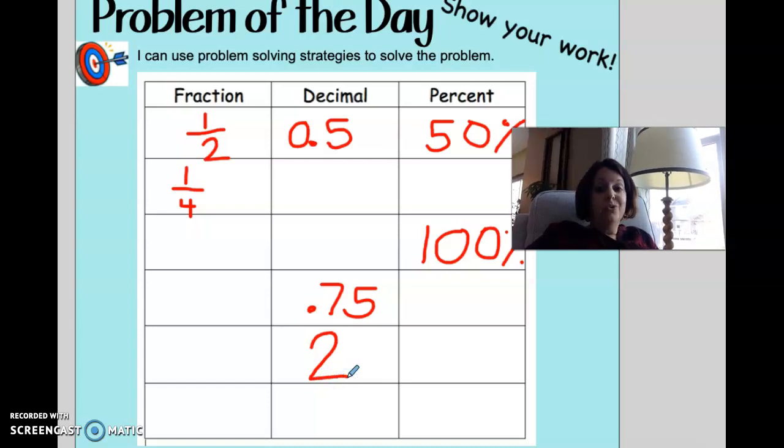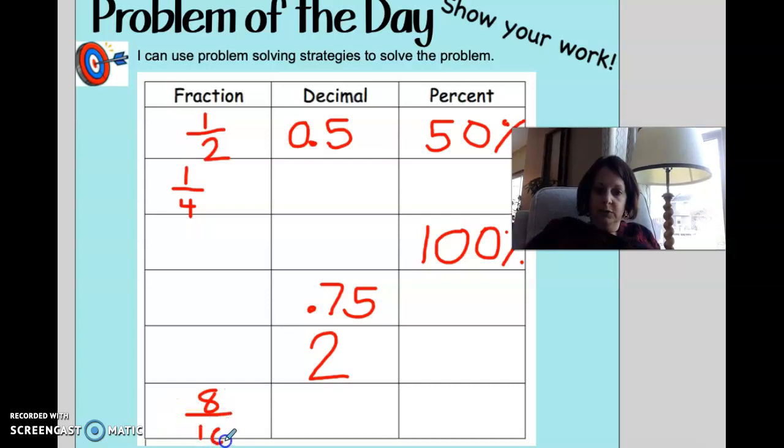Not 2/10, 2 wholes. All right, and then what would our fraction be if it was 8/10? What would our decimal be? What would our percent be? Okay, so I've got you really thinking hard today, and so the challenge is on. Pause me now and figure these out.